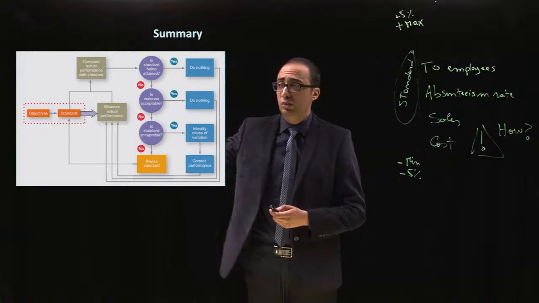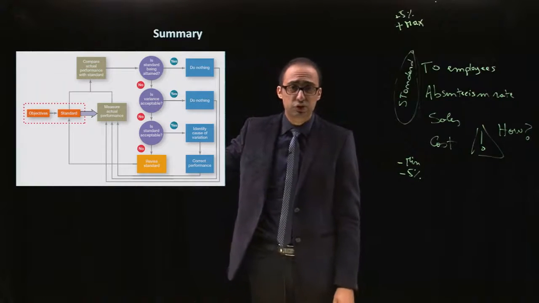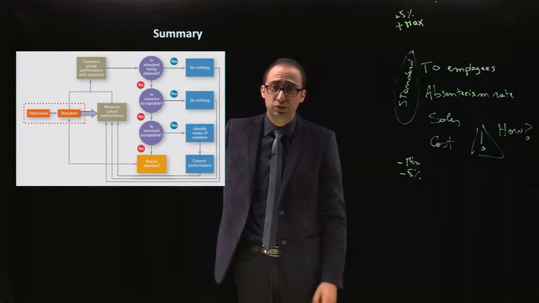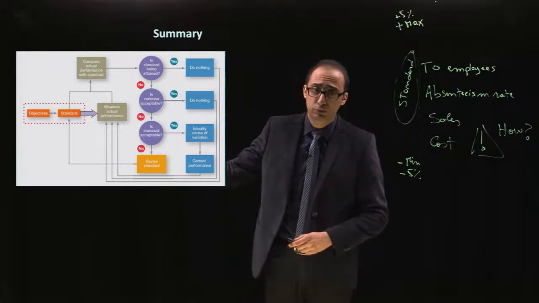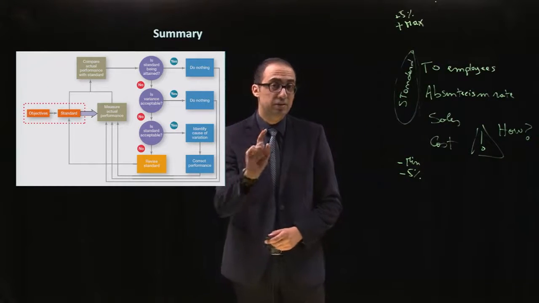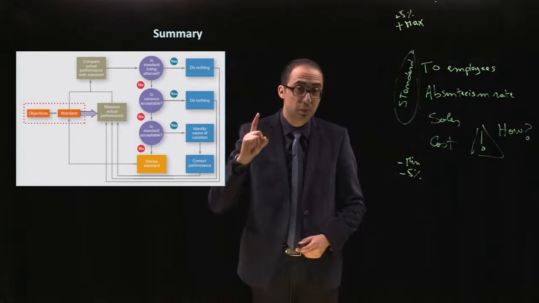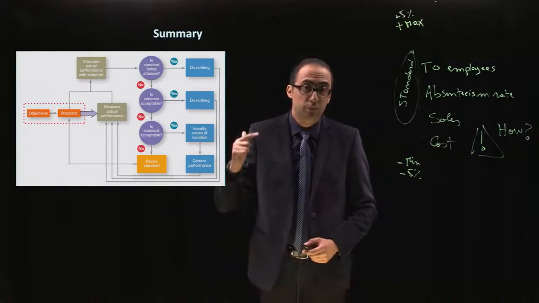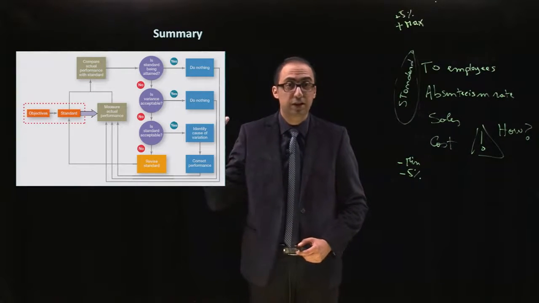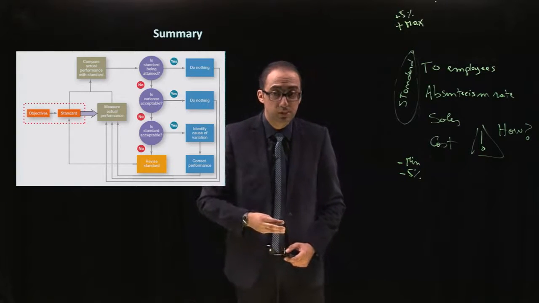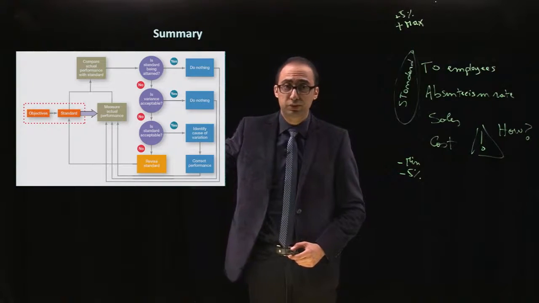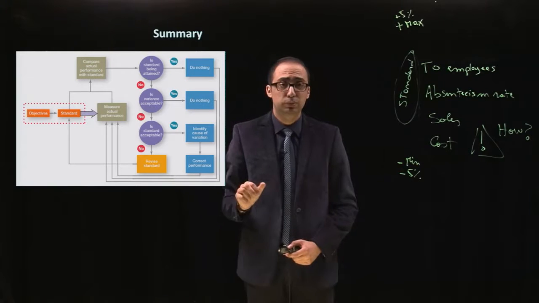So again, we have the objectives inside the organization, we have the goals inside the organization, you have the managers who set those goals or objectives. And keep in mind that objectives should always be SMART. It means specific, measurable, attainable, realistic, and time-bound or time frame. So you have the managers who set the goals, so you measure the actual performance.